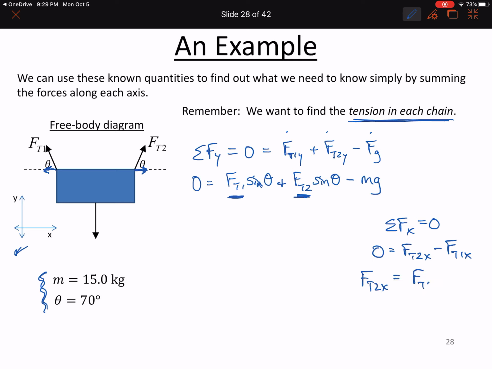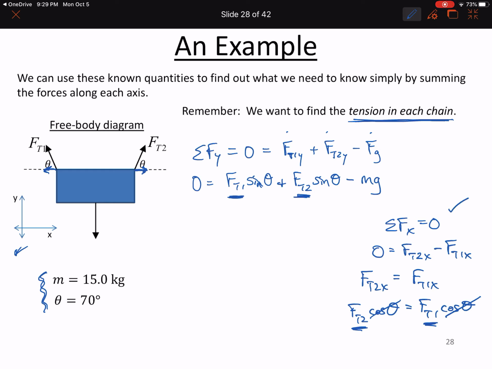And so there they are. And we know that those are cosine theta, and these are the same thetas. So the cosines just cancel out. And we learn that the magnitude of T1 and the magnitude of T2 must be the same. That's enforced by Newton's second law.